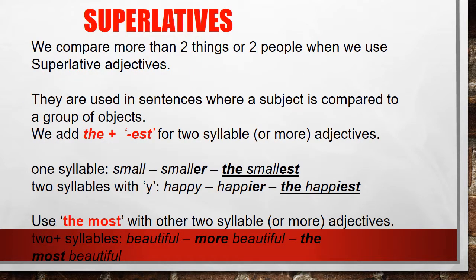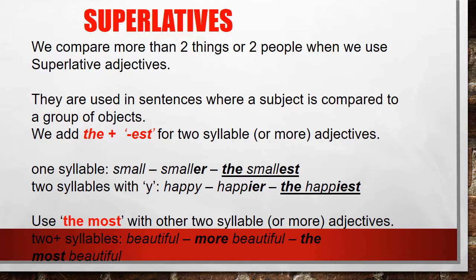Superlatives. We compare more than two things or two people when we use superlative adjectives. They are used in sentences where a subject is compared to a group of objects. We add the plus "est" for short adjectives.